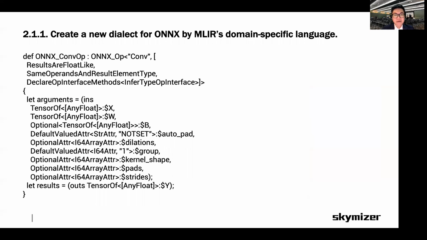For more detail, you can check this. In the first step, we create a new dialect for ONNC by MLIR's domain-specific language. Like the code shows, we implement convolution, which is an ONNC operator. We use MLIR's domain-specific language to describe the convolution's behavior.